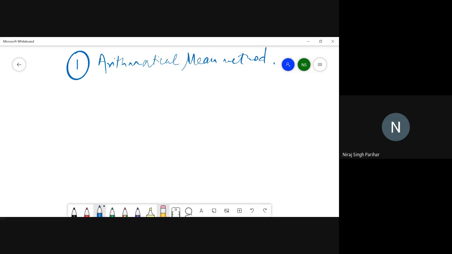All right, so write down, this is the simplest method where an arithmetical mean of the recorded rainfalls, या आप इसको precipitation भी बोल सकते हैं, ठीक है?